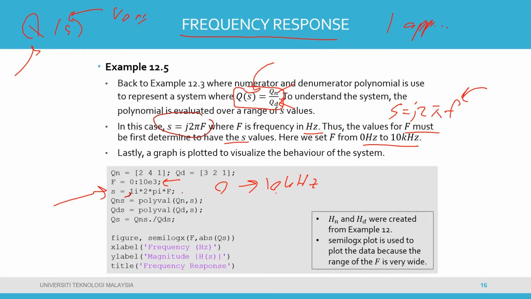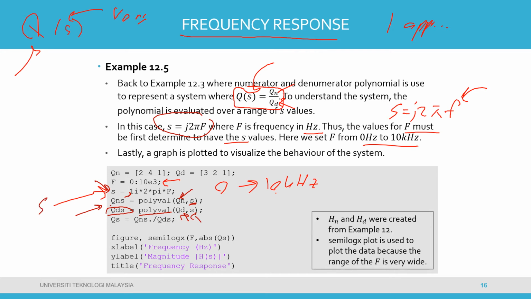And then of course you have to polyval. Evaluate the Q numerator with the s, and the denominator also, you polyval the denominator with the s value here.